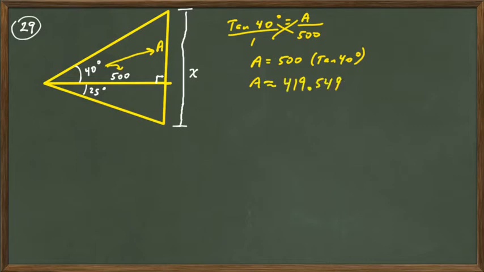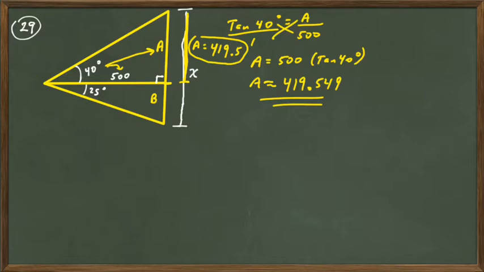So I punch this into my calculator, and so far I found out that this much of x, which I'm calling A, is about 419.5, something like that. That's what this A is. Then I'm going to find B, and I'll add A and B together to get the length of x.